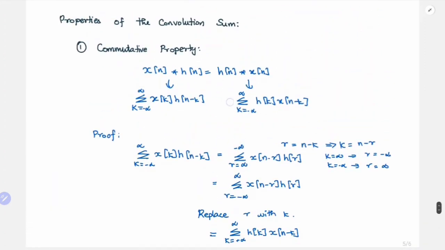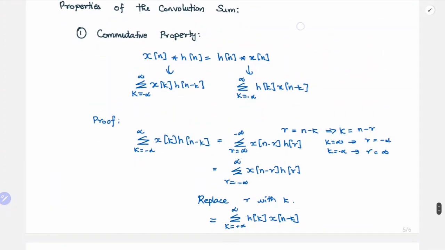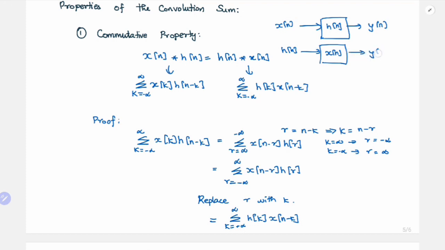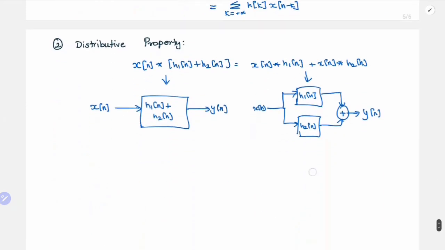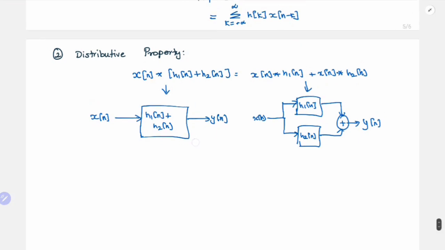What does the commutative property state? If you have x of n passing through a system with impulse response h of n, you get the same output as h of n passing through the system with impulse response x of n. Right? And the distributive property states this. The proof is straightforward from the definition.